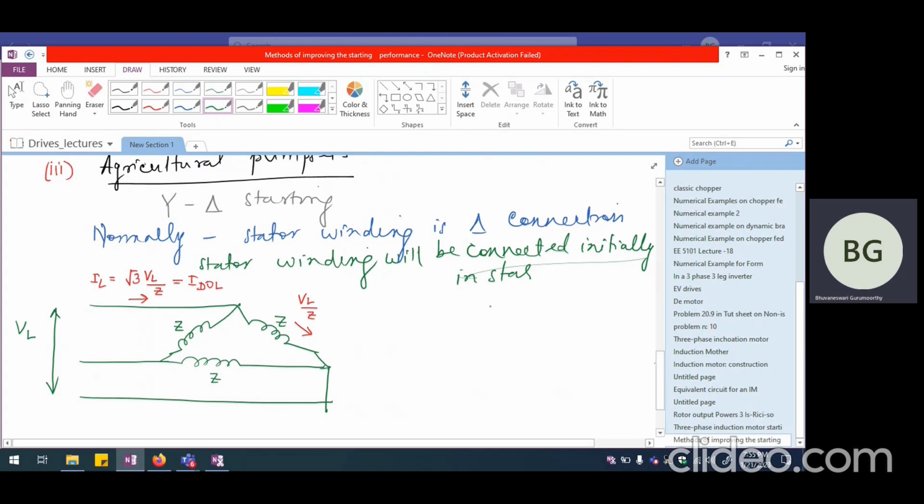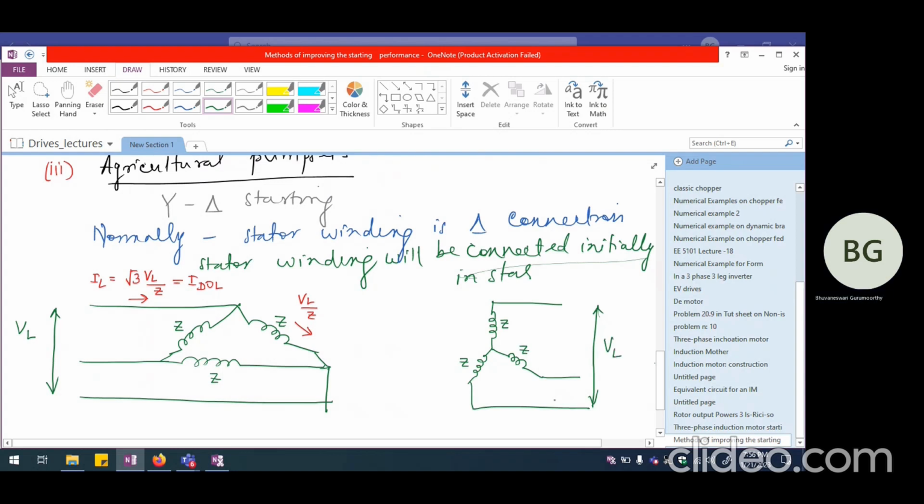Now on the other hand, if I try to connect the same winding in star, so this is going to be the star connected winding, and each of the windings, again, is going to have an impedance of Z. Now what we are doing is to apply the same voltage, which is V line, here.